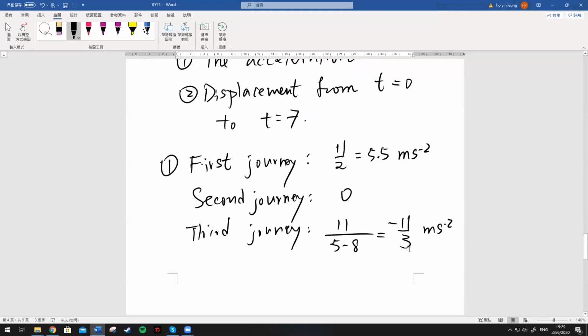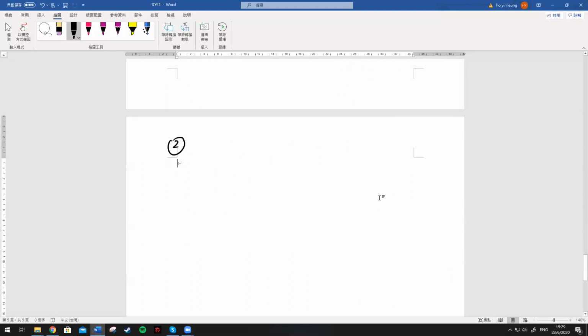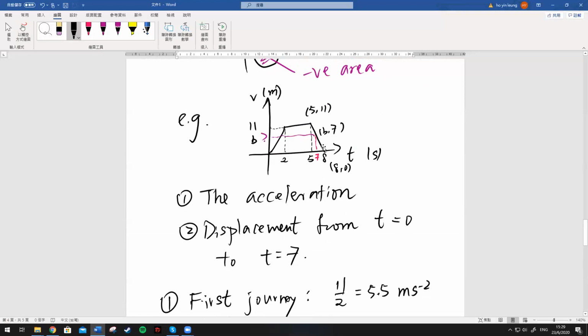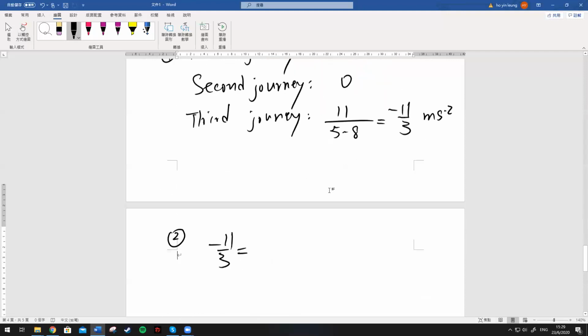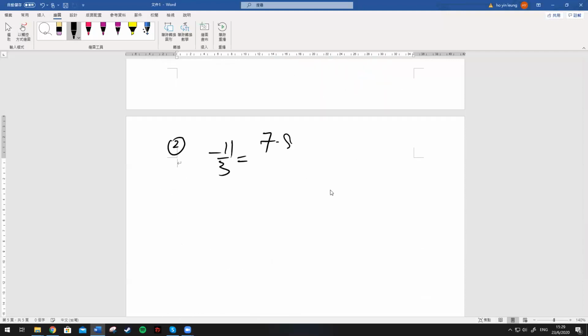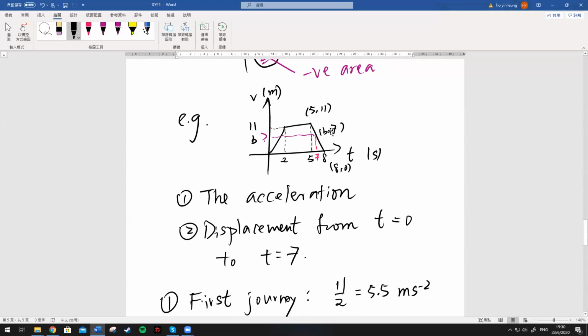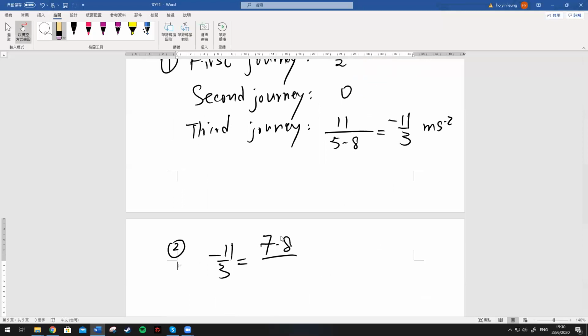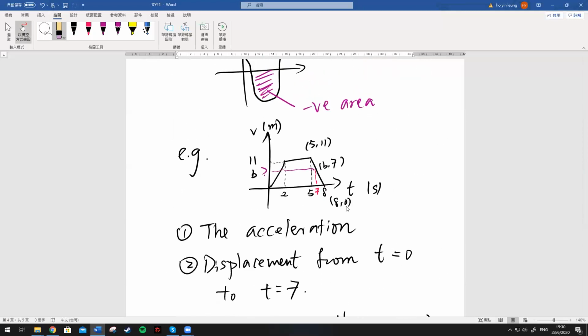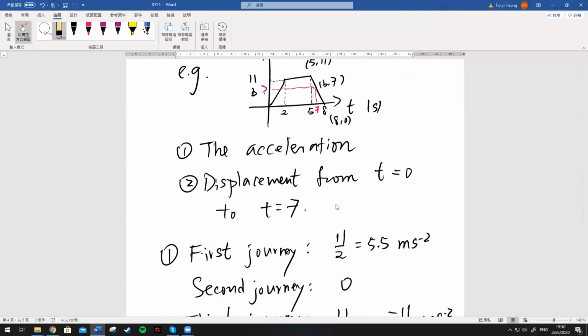But we have found this, right? That's exactly negative 11 over 3. So we have negative 11 over 3 equals the gradient calculated from these 2 points. For these 2 points, the gradient is given by 7 minus 0 over b minus 8.